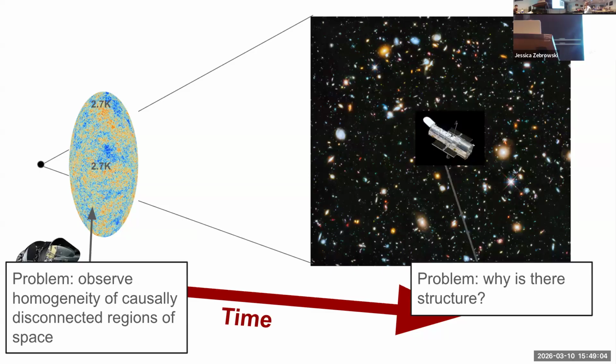Another paradox you can see with your own eyes is, why do you see structure? What led to the formation of all of the structure in the sky? And these and many other questions have puzzled scientists, and we posited this theory to explain it called inflation. And this idea that we live in an inflationary universe has led to the history of the cosmos that most scientists believe to be true today.